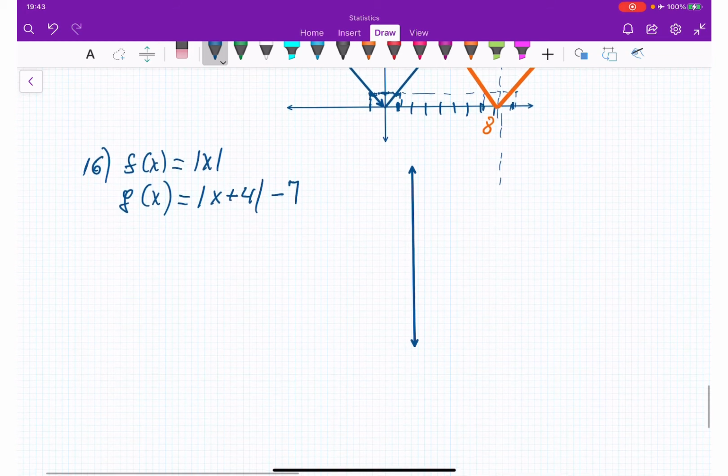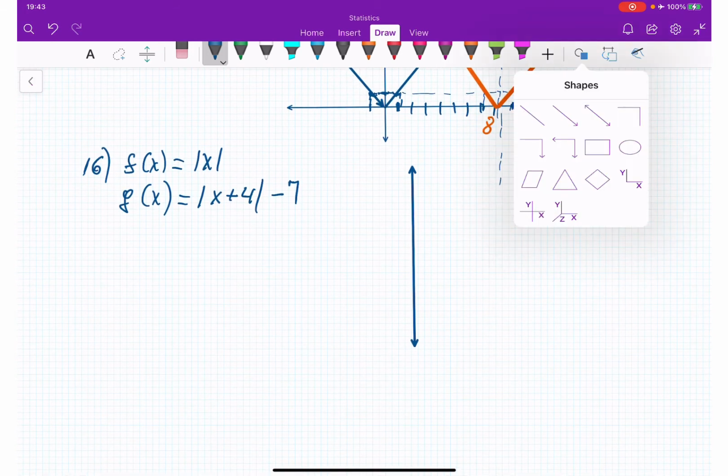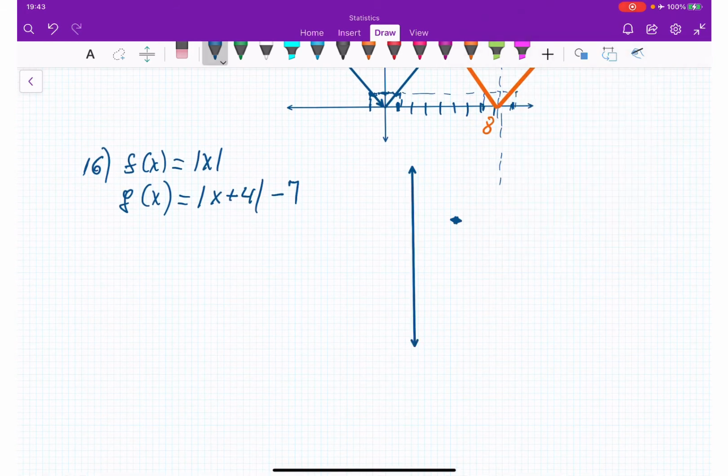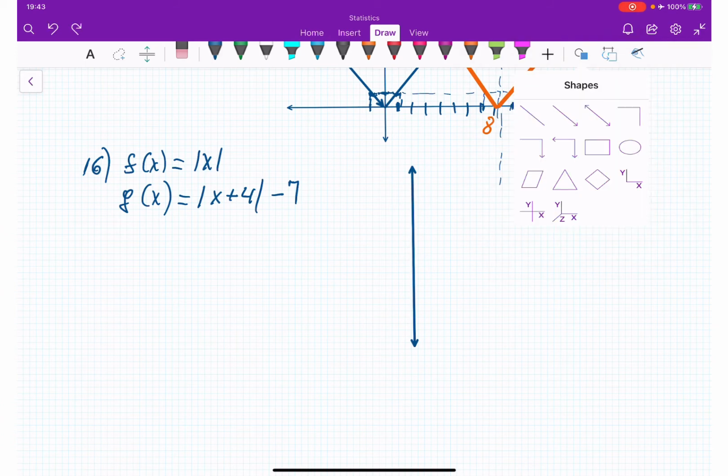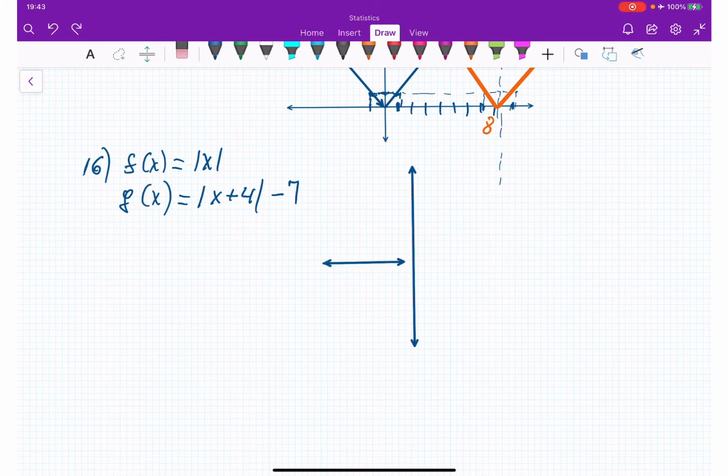Okay, let's see. This is first one. First we need to build f of x is equal absolute value of x, right? So absolute value of x is 1.